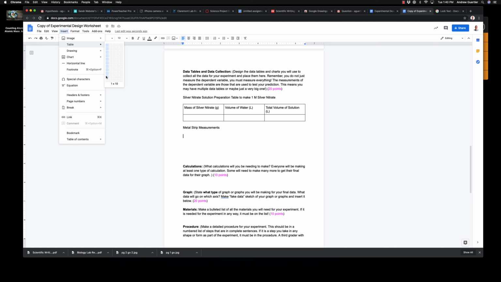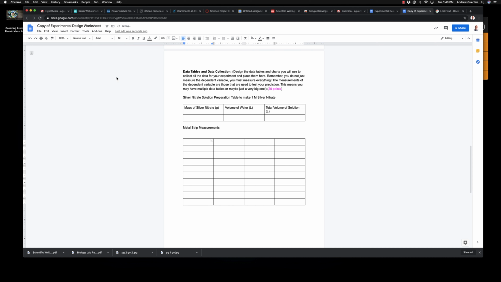So 10 metal strips. So I need a column for metal strips. I need a column for width, height, and length. All right, so metal, width, I need to add an extra row, height, and length. I can just format these all centered.